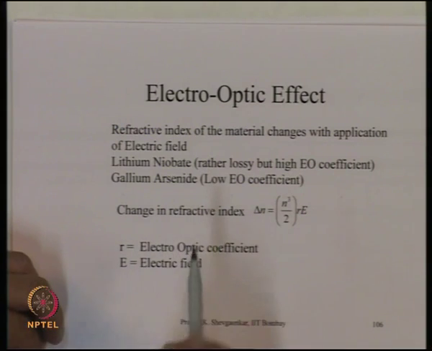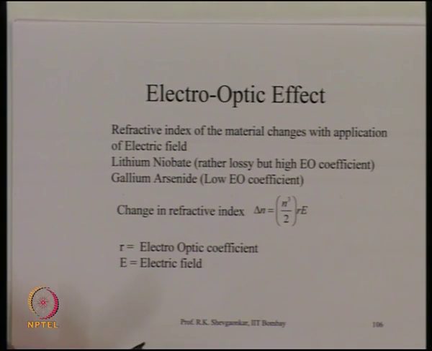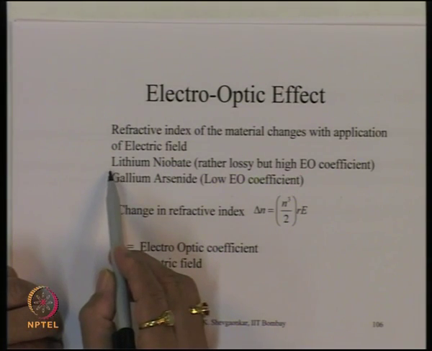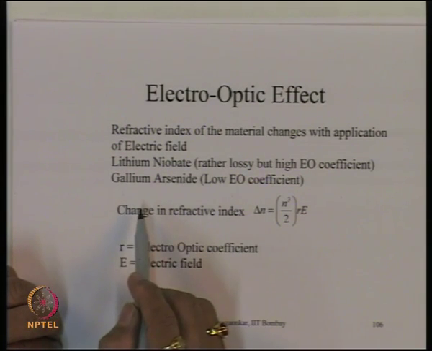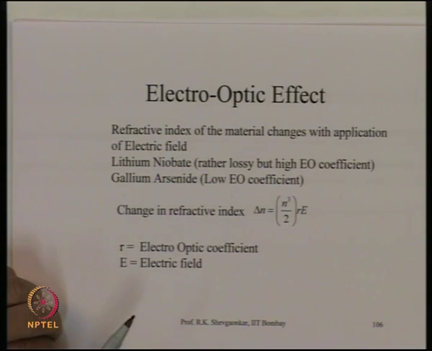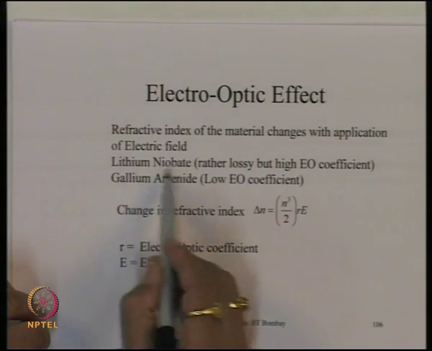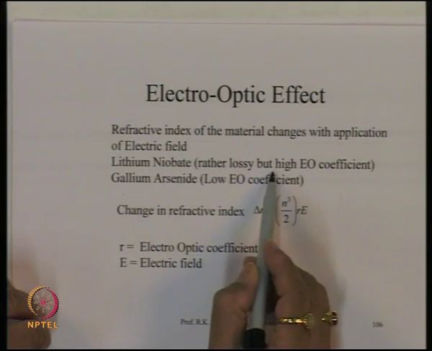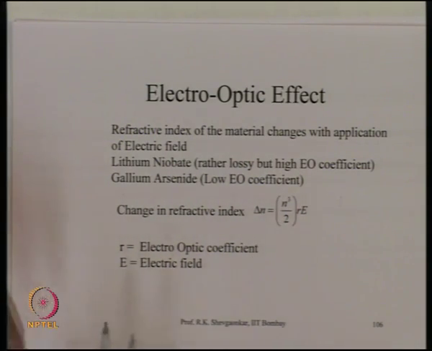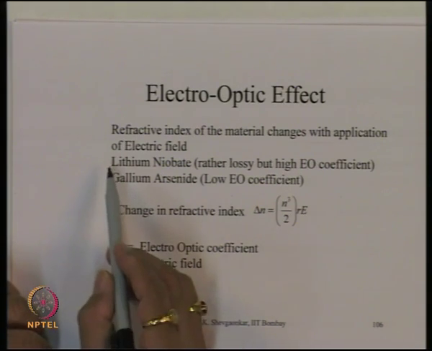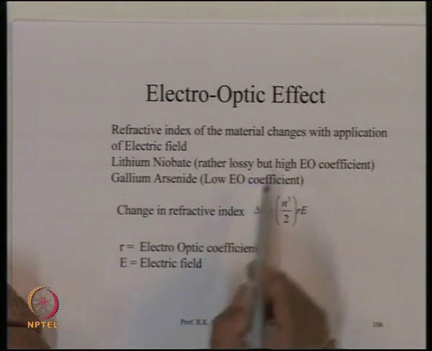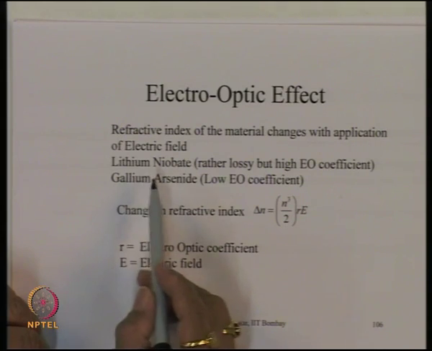There are two materials which have been studied in great detail: lithium niobate and gallium arsenide. Lithium niobate is a rather lossy material, but it gives a relatively large change in dielectric constant or refractive index. That is the reason a large number of electro-optic devices are based on lithium niobate.